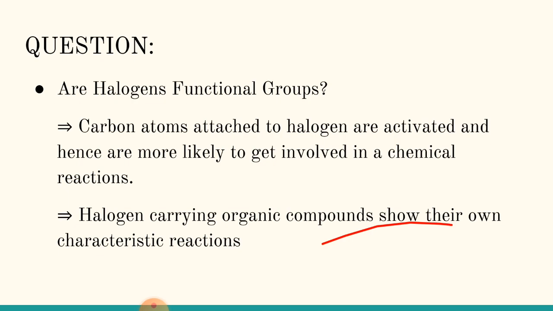So on these two bases, we may consider halogen as a functional group. So all the organic compounds having halogen atoms are considered as alkyl halides. All these organic compounds are classified in the family of alkyl halides or the haloalkanes.